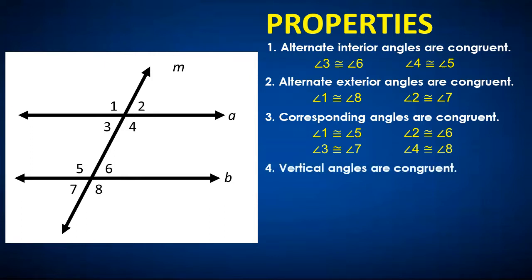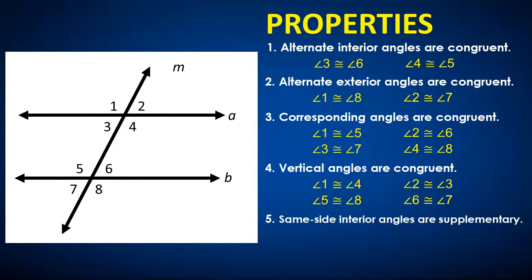Number 4, vertical angles are congruent. Angle 1 and angle 4 are congruent. Angle 2 is congruent to angle 3. Angle 5 is congruent to angle 8. Angle 6 is congruent to angle 7. Reason: they are vertical angles.